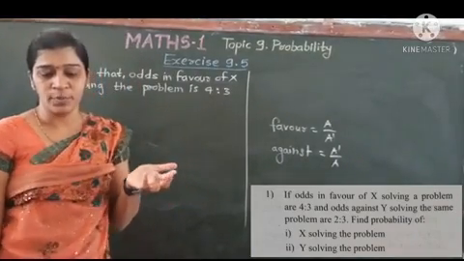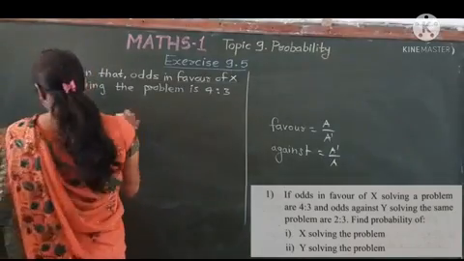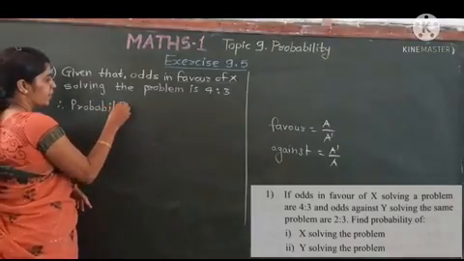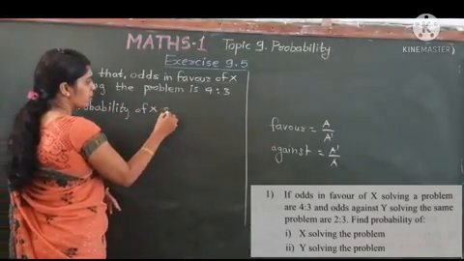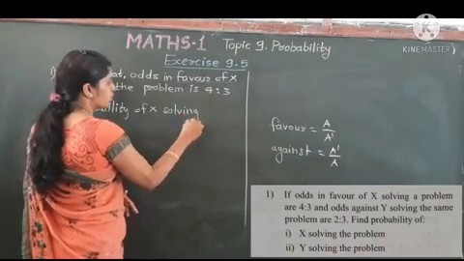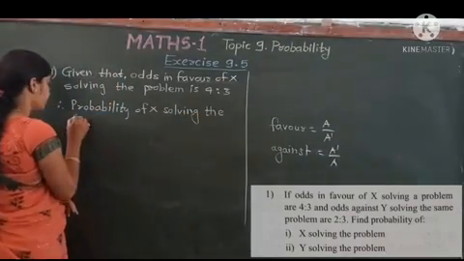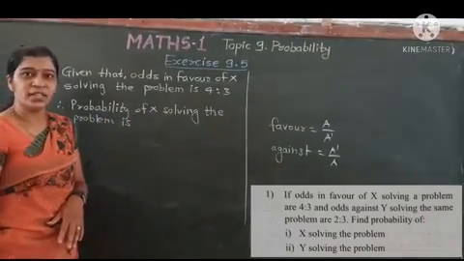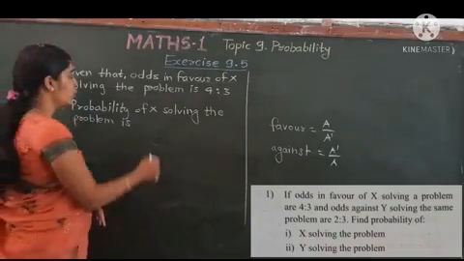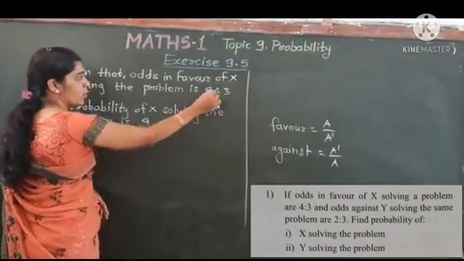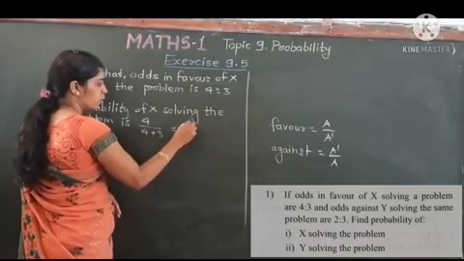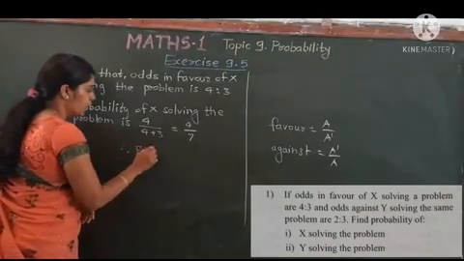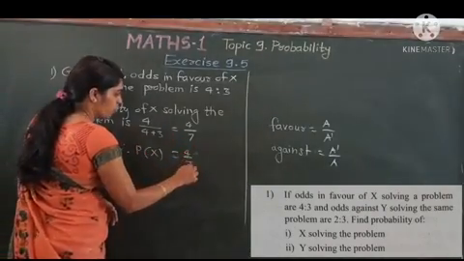Therefore, the probability of x solving the problem is 4 upon 4 plus 3, which is equal to 4 upon 7. We call this x. Therefore P of x is equal to 4 upon 7.